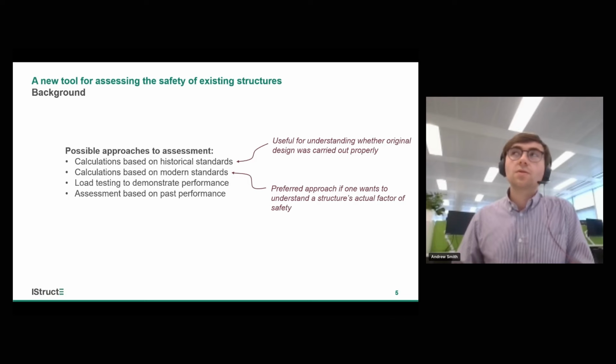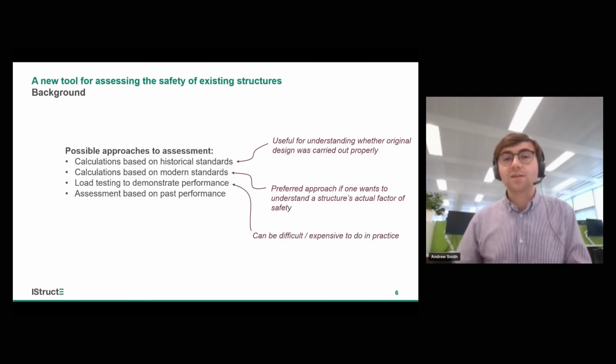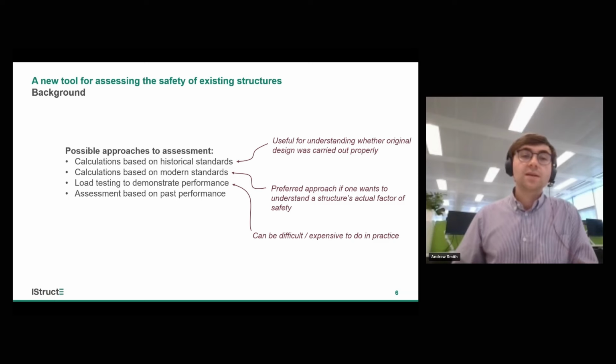The reason for this is that modern standards are typically far more advanced than historical standards, and therefore they generally capture the physics and the underlying behavior of materials far better and far more precisely than those historical standards do. Which is why this is the best way to actually understand the real factor of safety.